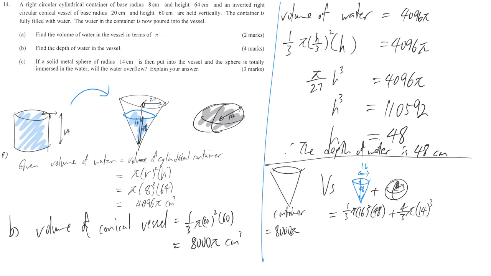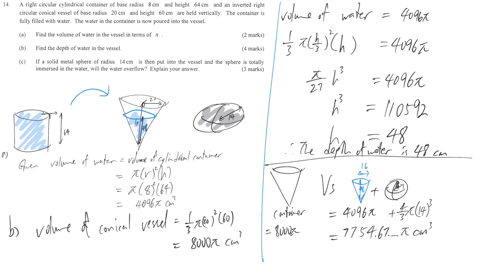Or you don't even need to calculate again because we already have the volume of water, which is 4096 pi. And then you calculate that. So this is 7754.67 something pi cm cube.